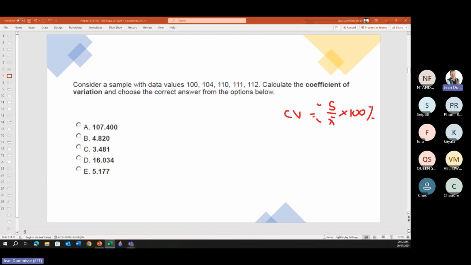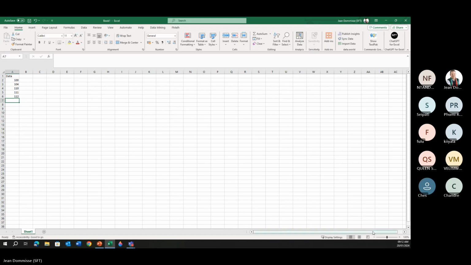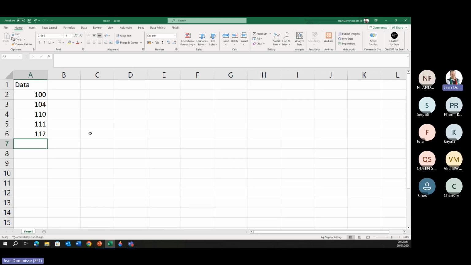So what I would do is put that data into Excel: 100, 104, 110, 111, 112. There we have the data set. Let's make it a bit bigger. We need to get a standard deviation, and we need to get the mean.